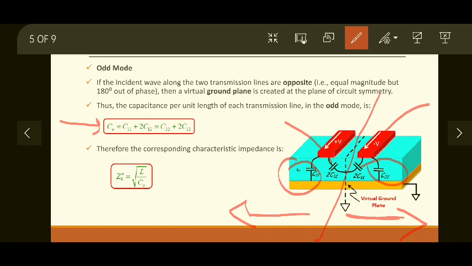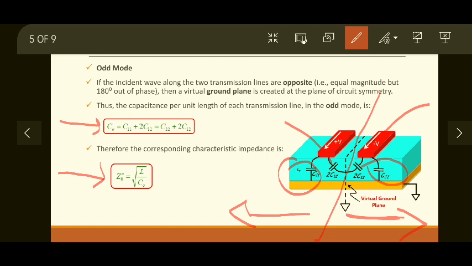Therefore, if capacitance is changed, it will obviously change the characteristic impedance. So the characteristic impedance of the odd mode is given by Z0 odd, subscript is 0, and superscript is O for odd. Although both look the same, they are not the same.